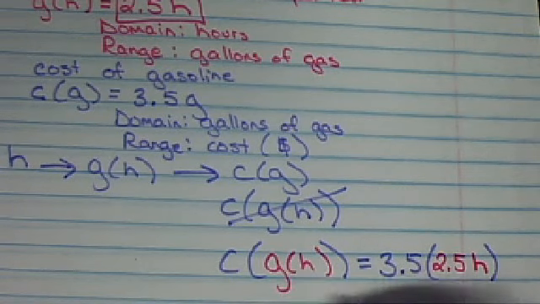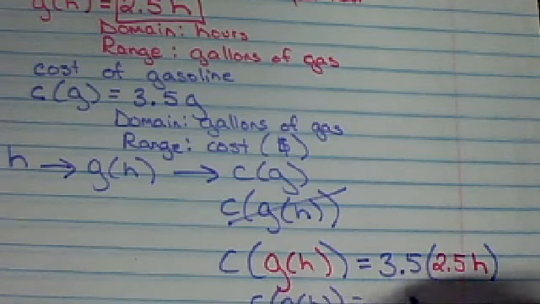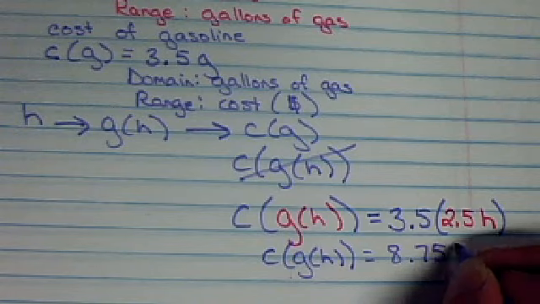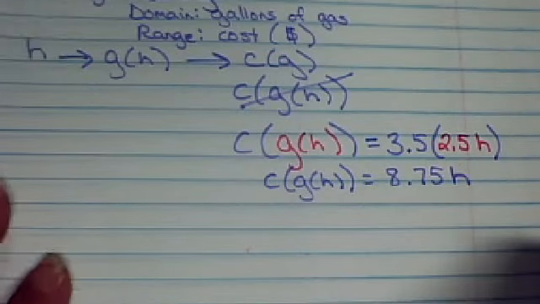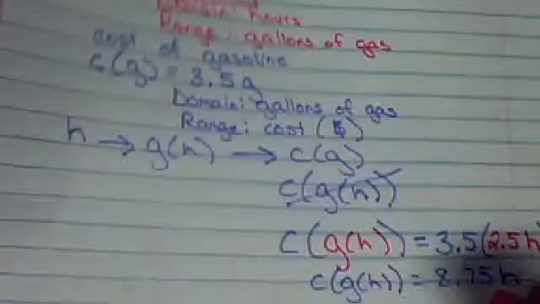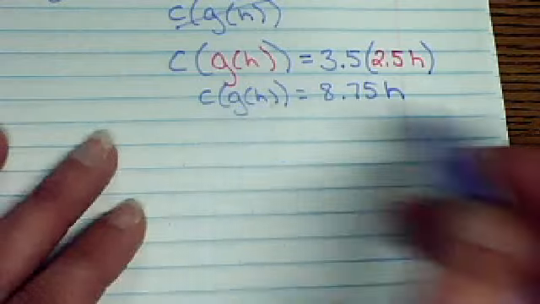Our new function, C of G of H, is 8.75 times the number of hours. And let's think about our domain and range. Here we kind of had a middleman, the gallons of gas. Middleman, he's in the middle.